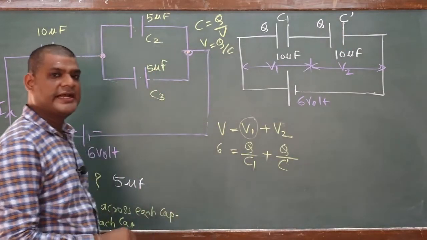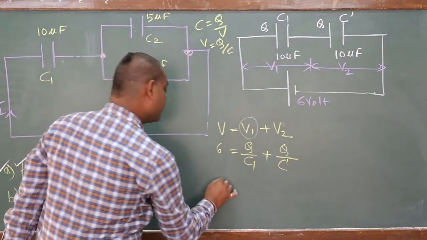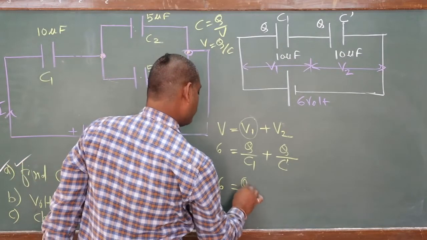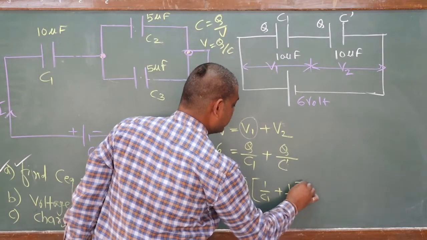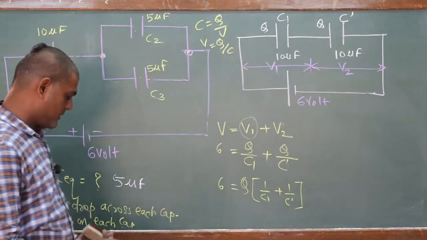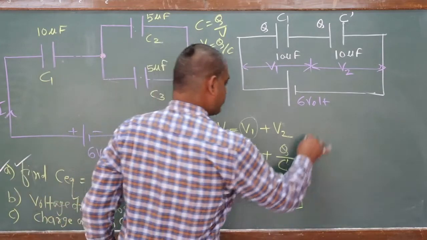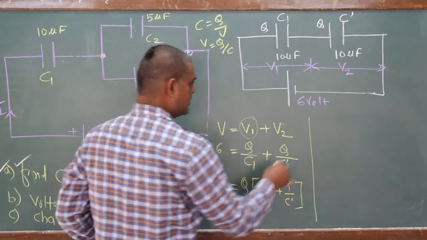Take the common thing outside. Q remains as it is, 1 by C1 plus 1 by C dash. Okay, next putting the values.